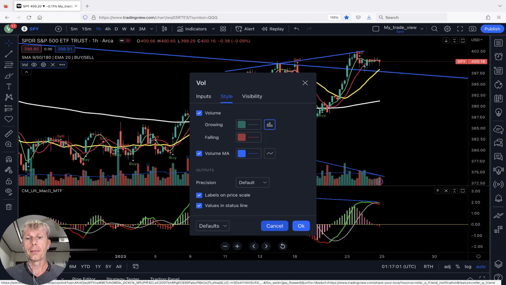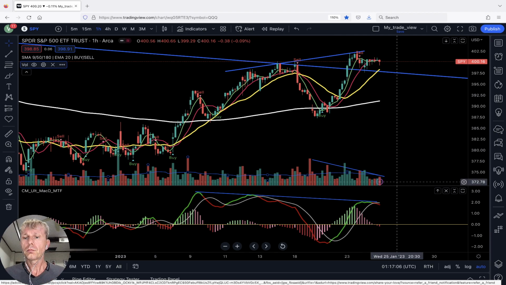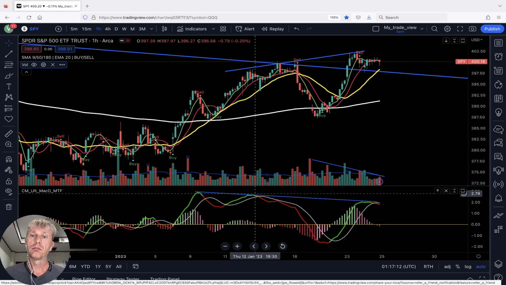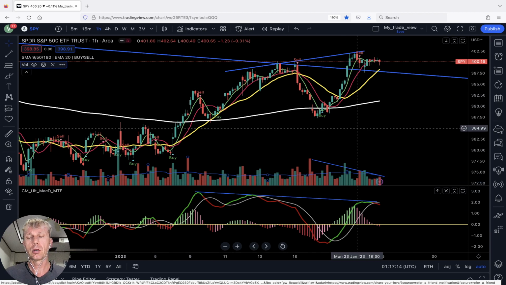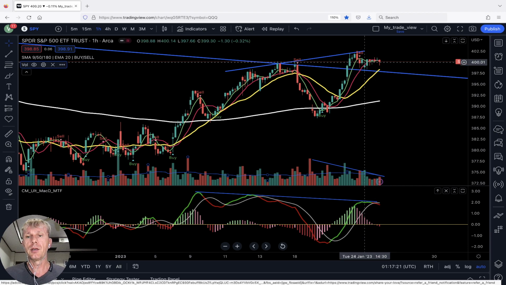Okay, now the volume is visible. But you see a bearish divergence on the volume also. Bearish divergences on MACD. It's ready for bearish crossover. It already did a bearish crossover on 4 hours and on the 1 hour time frame for SPY. SPY is ready for correction.